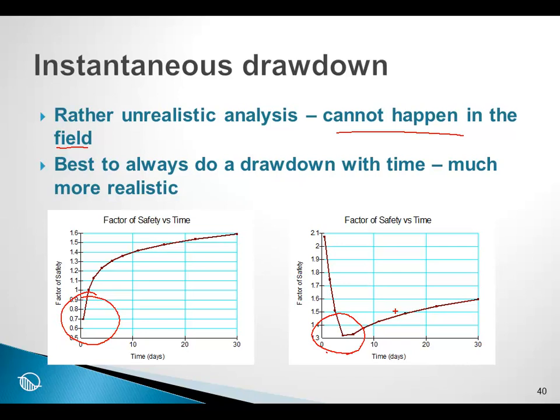And so now you have a tool. You can either use SEEP/W alone and draw the reservoir down over some realistic period of time, or even do a SIGMA/W coupled analysis and draw the reservoir down with time, and you will get much, much more realistic results.